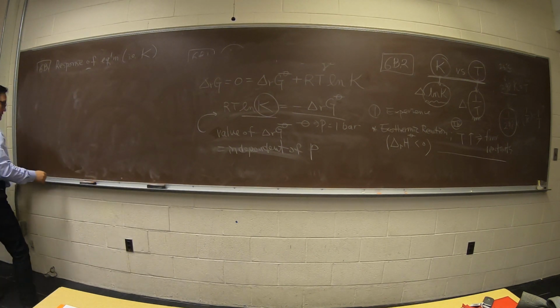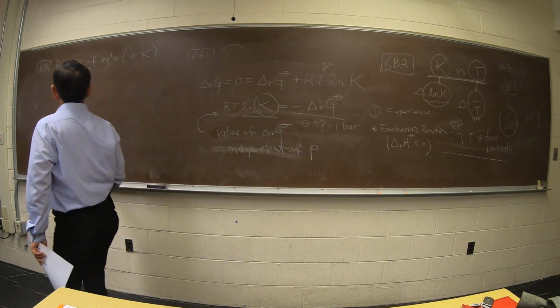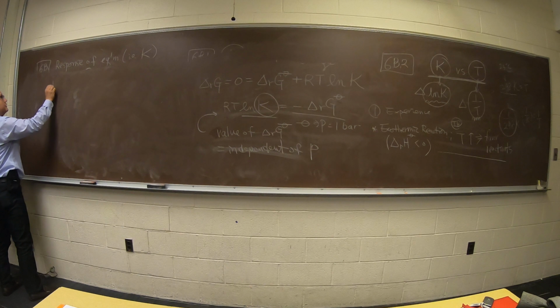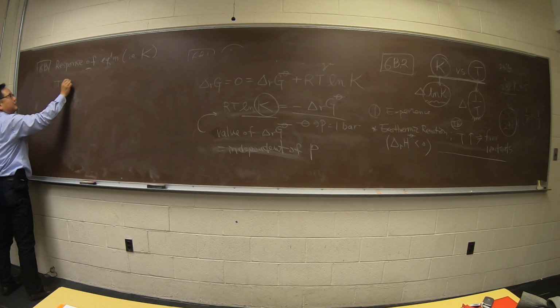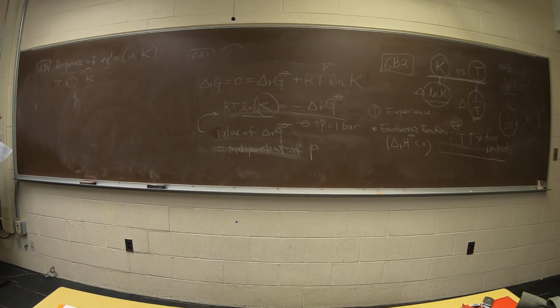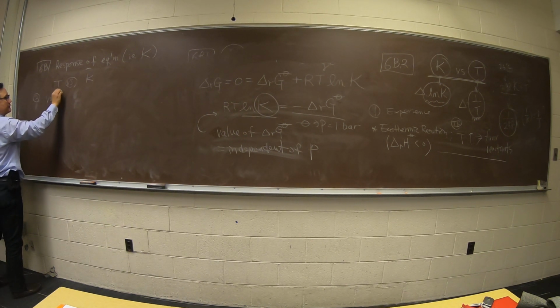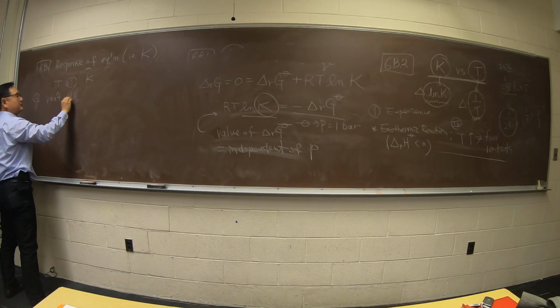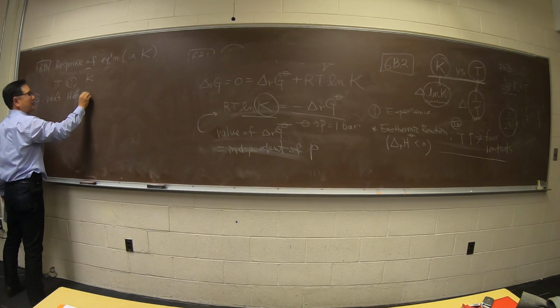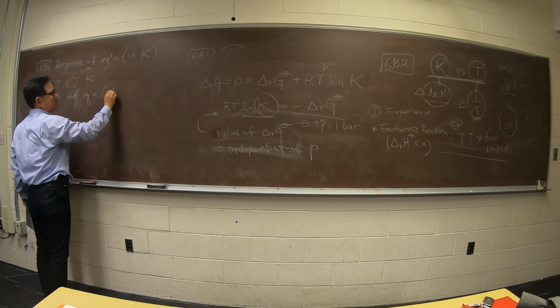So this temperature versus K is described by the equation that's also called the van't Hoff equation, for the equilibrium constant.